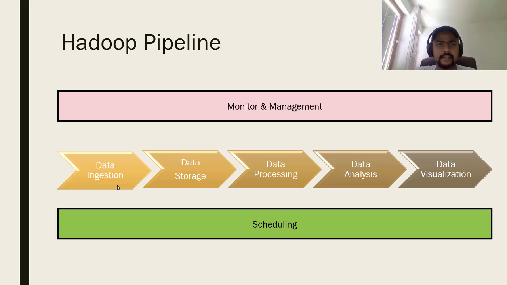Once you ingest the data, you need a storage medium where you will be storing the data. That comes with the data storage part. The third one is data processing. Now that you have the data stored, you will want to process the data and get some good analysis out of it.